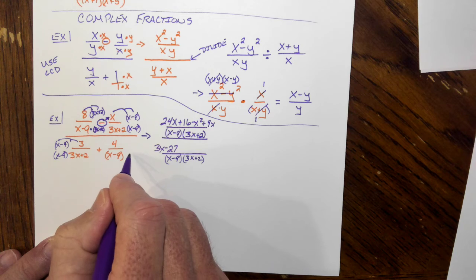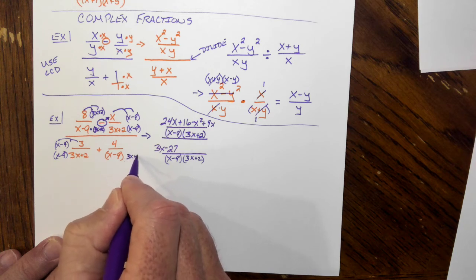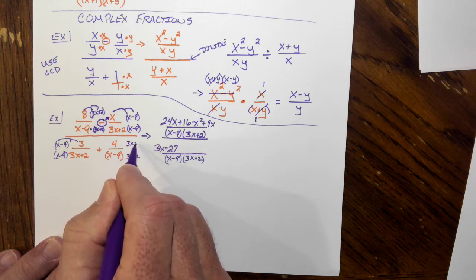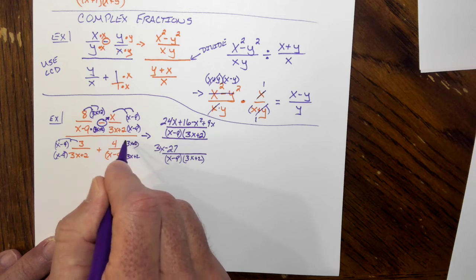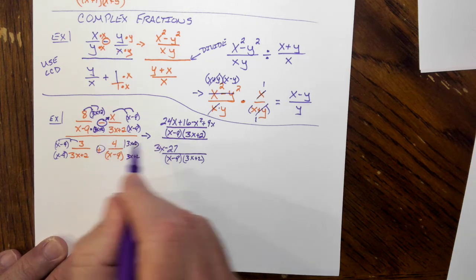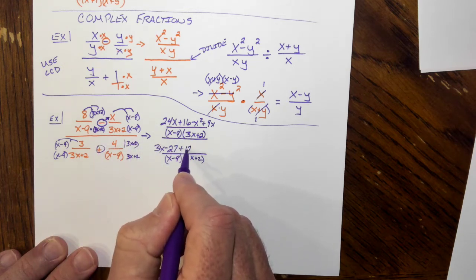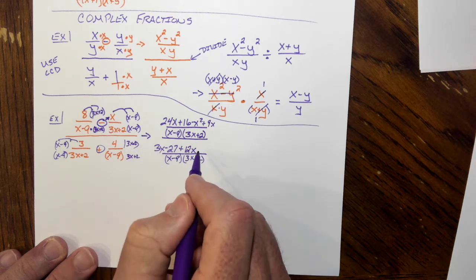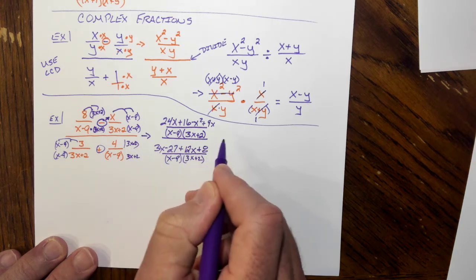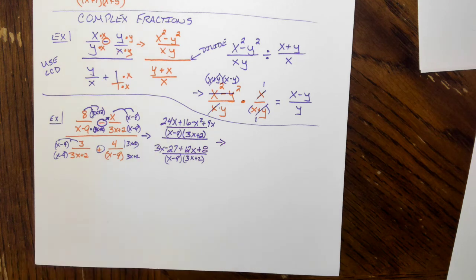This one, we gotta go by 3x plus 2. 3x plus 2. Plus sign though. So plus 12x plus 8.